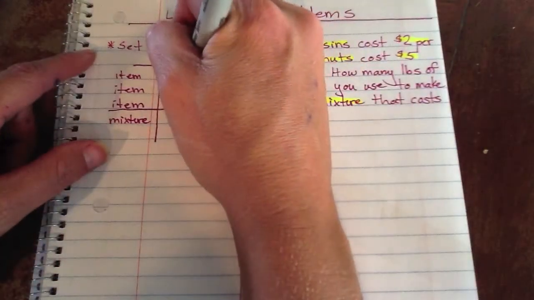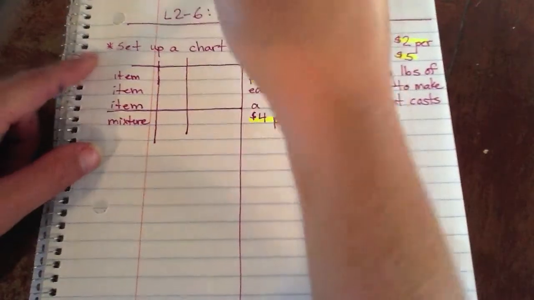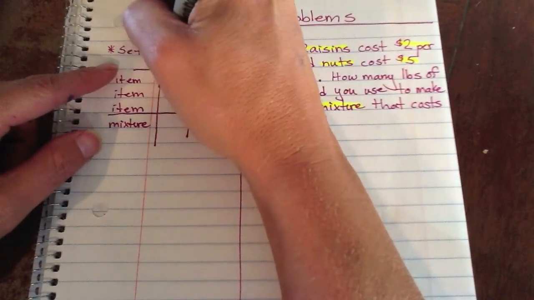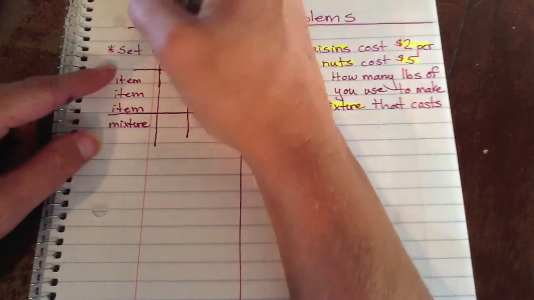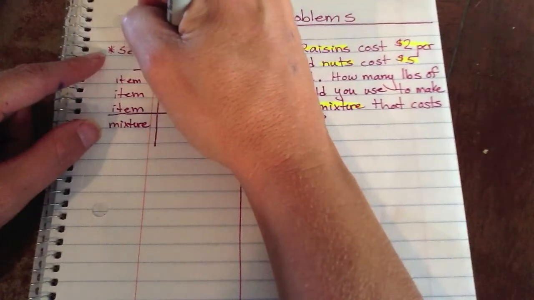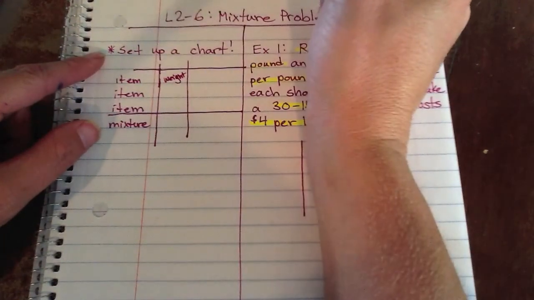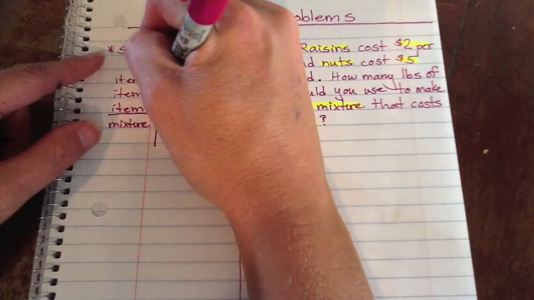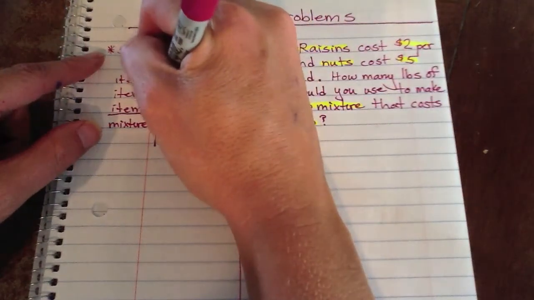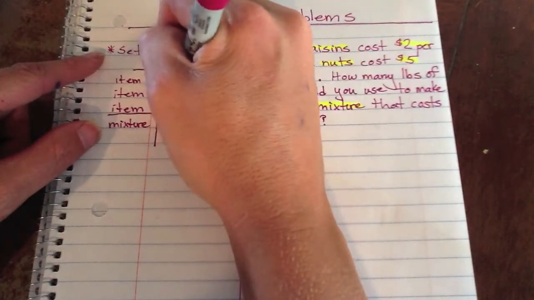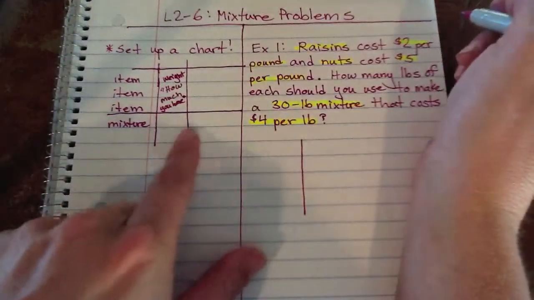Up here, you're going to end up filling in your amount, but I don't mean in cost. I mean weight, or how much you have.